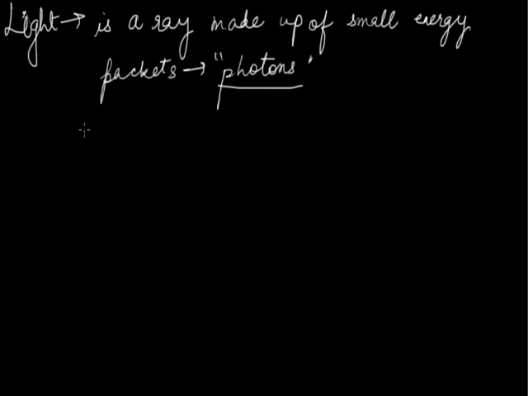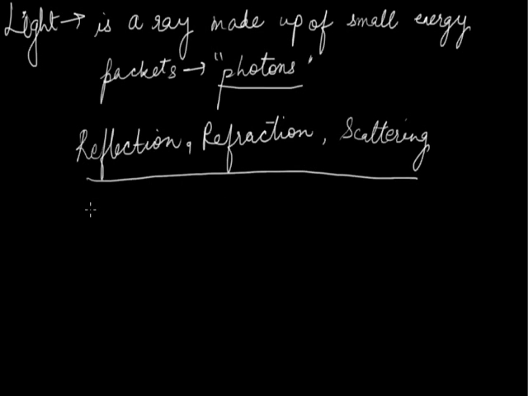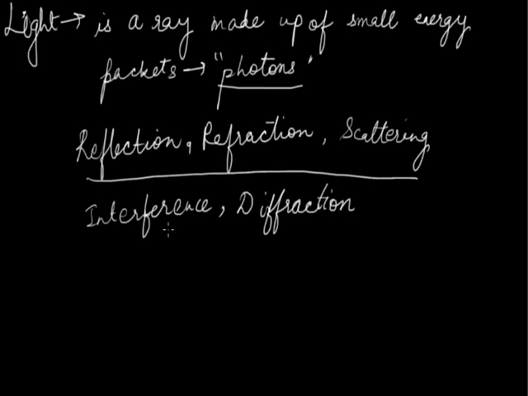When we had reflection, refraction, and scattering, we said that the light ray behaves like a particle, but for interference, diffraction, and similar processes, we found that only particle nature cannot explain these phenomena.